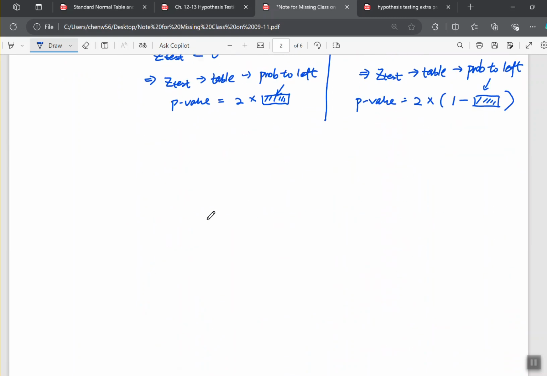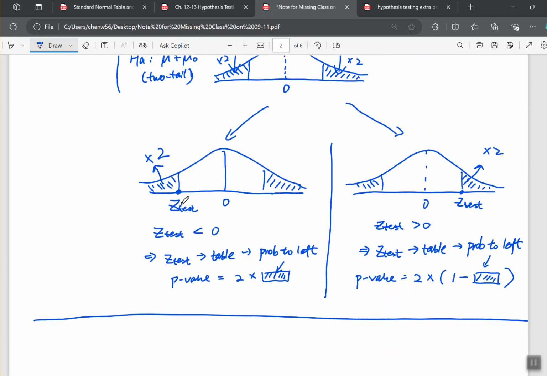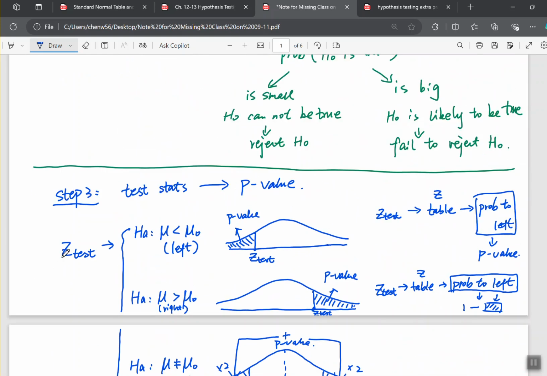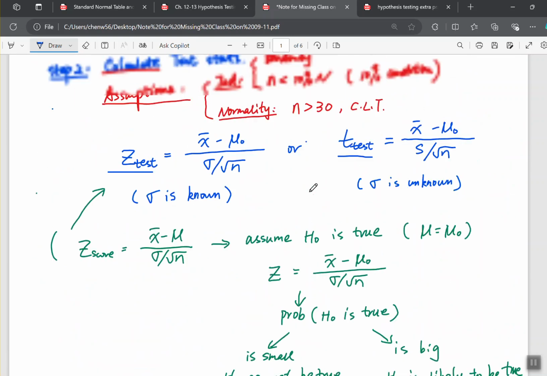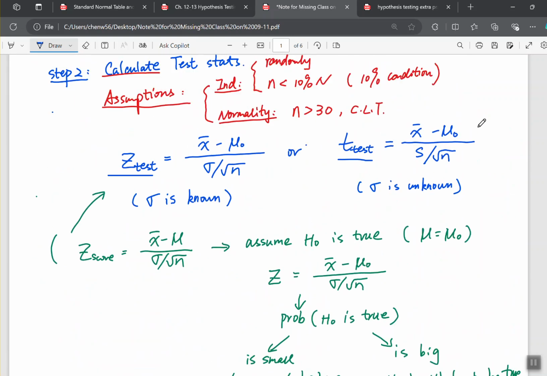All right, so again, this is the first case, when you have the z-test statistic. But remember, in the last step, it is quite possible that you don't know anything about the population. You don't know the sigma, right? So you need to replace it with the sample standard deviation, resulting in a t-test statistic.